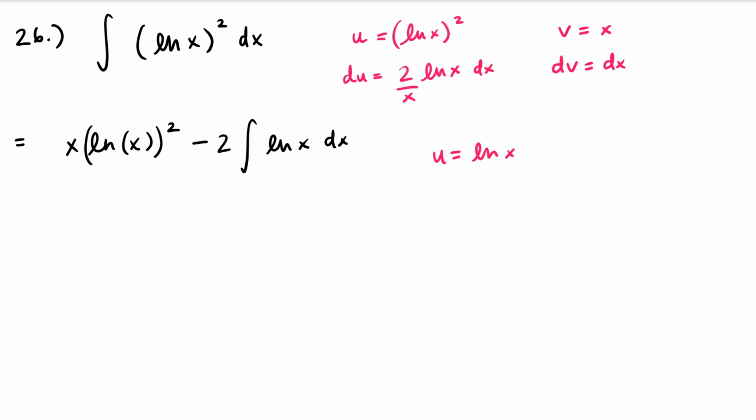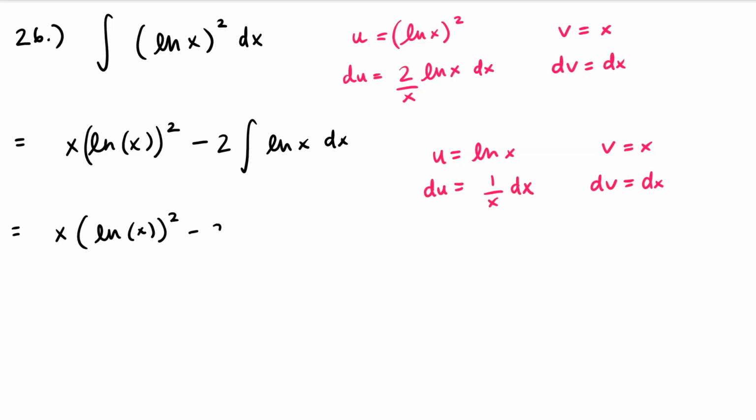I'm going to let u equal the natural log of x, then du will equal 1 over x dx. dv, I'm going to let equal dx, and then v will equal x. So we have x times the natural log of x quantity squared minus 2 times x natural log of x minus the integral of v times du. That's going to leave us with 1 dx.